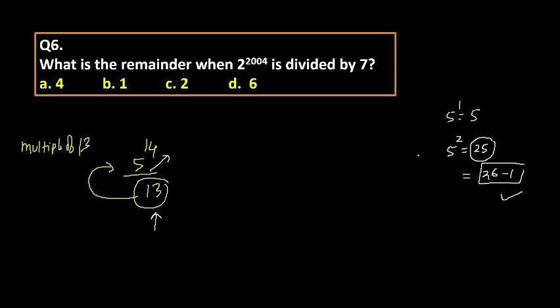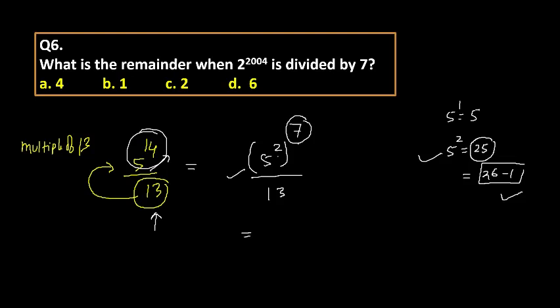So we need 5 square from it, and if I have to pick 2 power from it to make it 5 square, out of 14, divide 14 by 2, you will have to write 7 here. Very carefully you have to write this power. 5 square is 25 divided by 13, right?